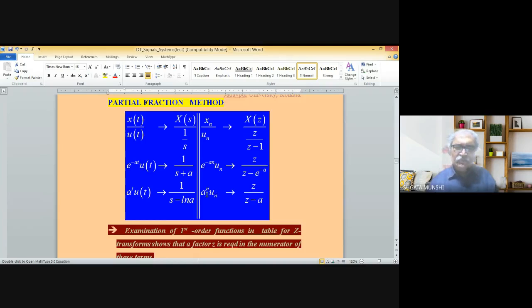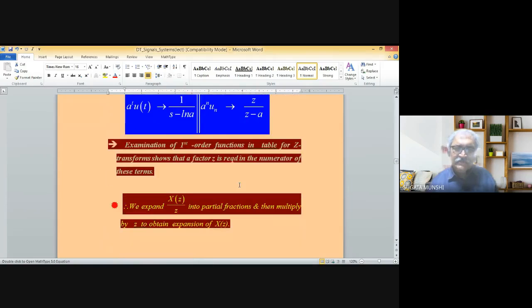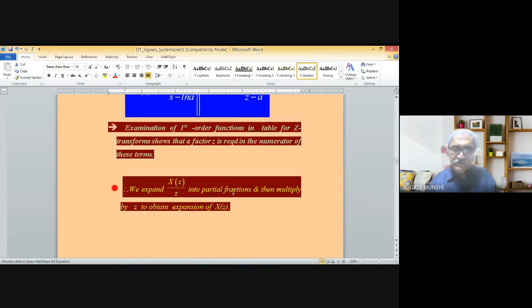So the important fact that you can observe here is that in the numerator of the Laplace transform, there was no term involving s. But for the corresponding discrete time signals, there is a z term in the numerator. Because of that, just remember it, this is a very important thing.